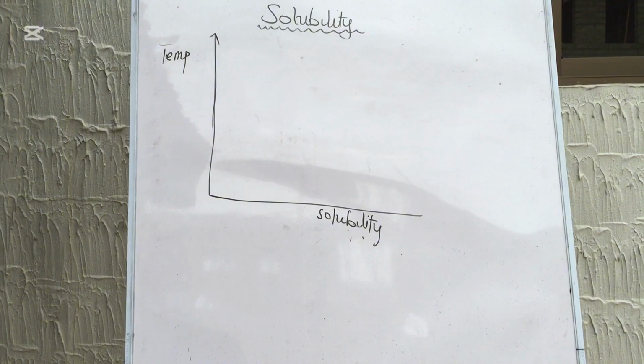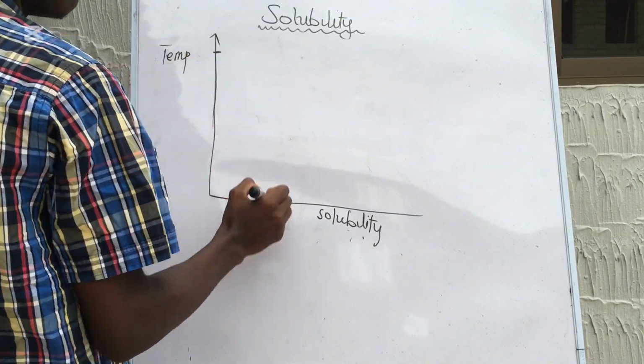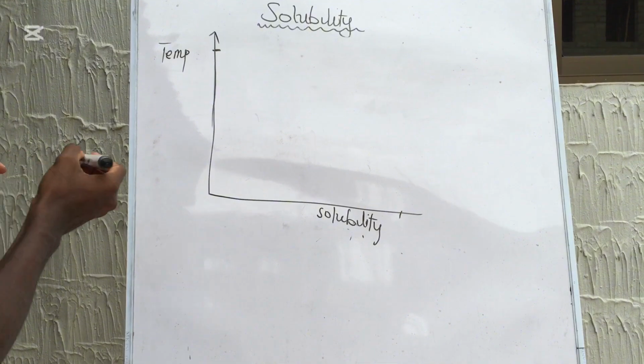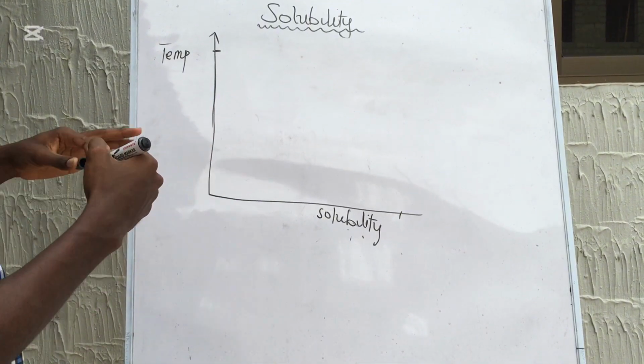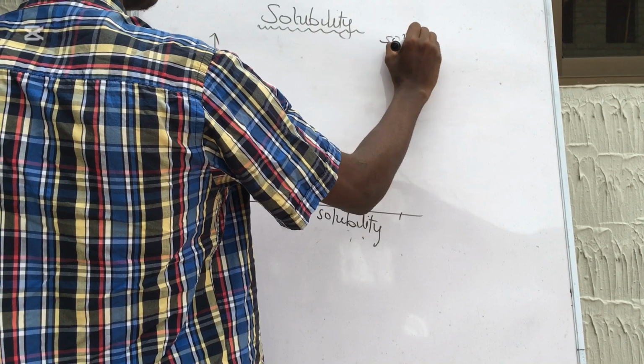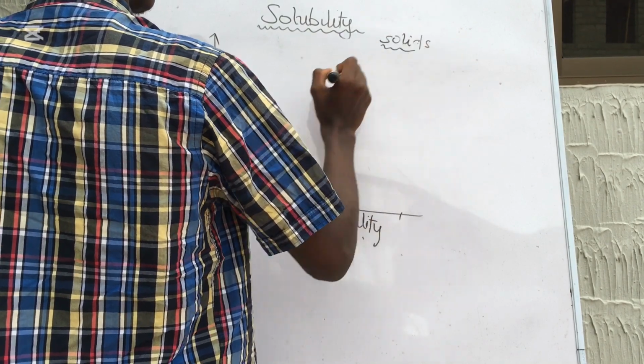Now, remember that the more you increase the temperature, the more it becomes soluble. So in terms of solubility, if you are having your temperature and your solubility axis, remember that if you are increasing the temperature, we expect this for solids. So let's do this one for solids, and also we are going to talk about the gases as well.